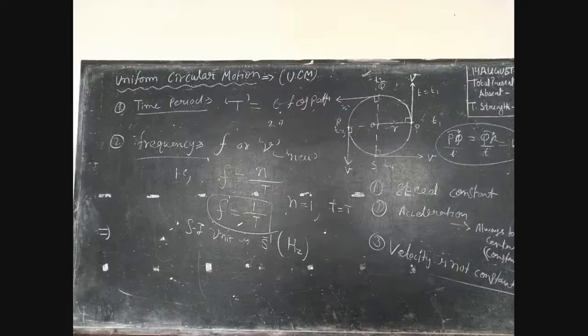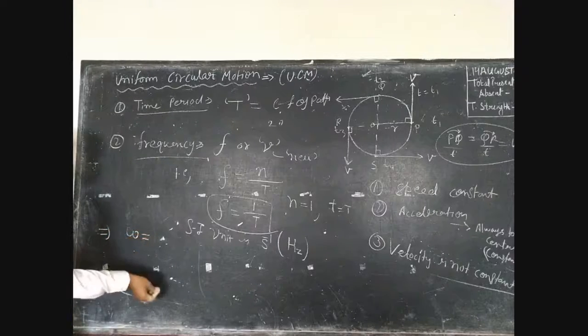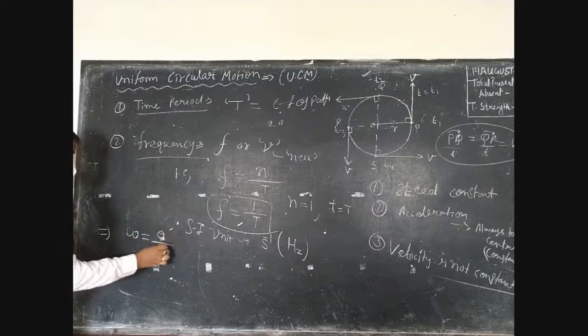Next, the relation between angular velocity, frequency and time period. As we did before, omega is equal to theta upon t.